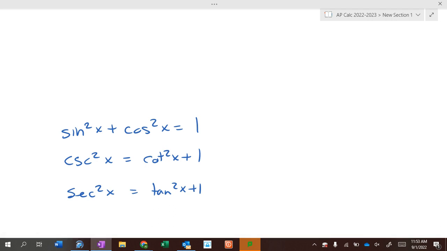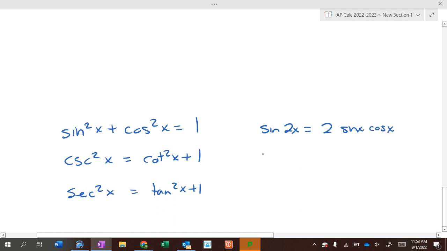Okay. Besides those identities, we have our double angle formulas. The sine of 2x equals 2 sine of x cosine of x. Our cosine of 2x, there's 3 of them.